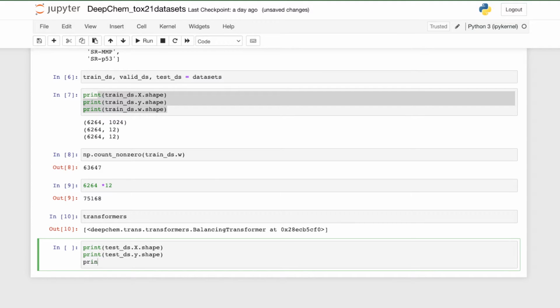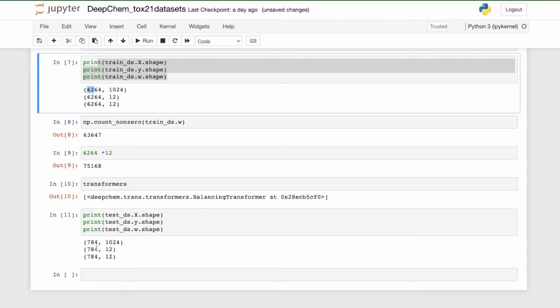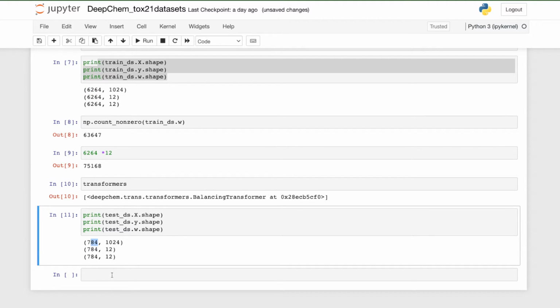We also can have the w variable, the weight variable. Okay, so you see in our testing sample, we only got 784 molecules. Here 6,264 and 784.